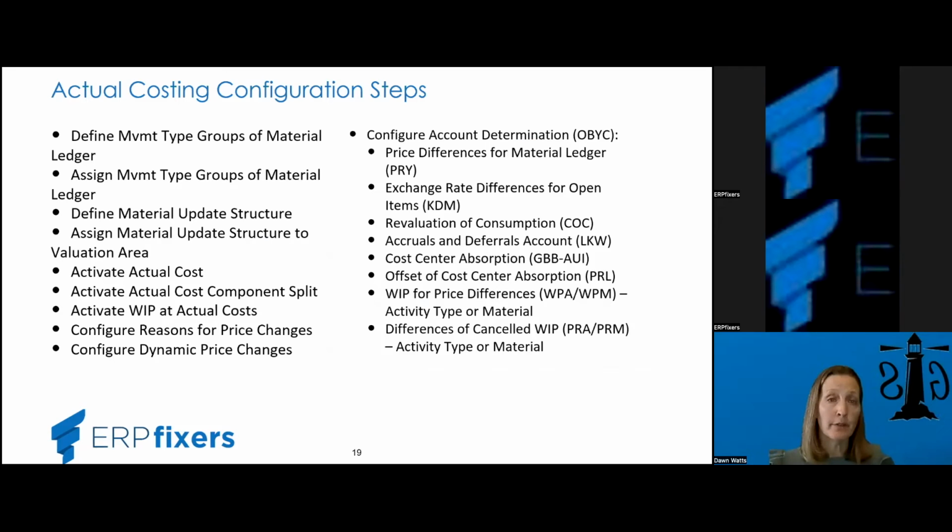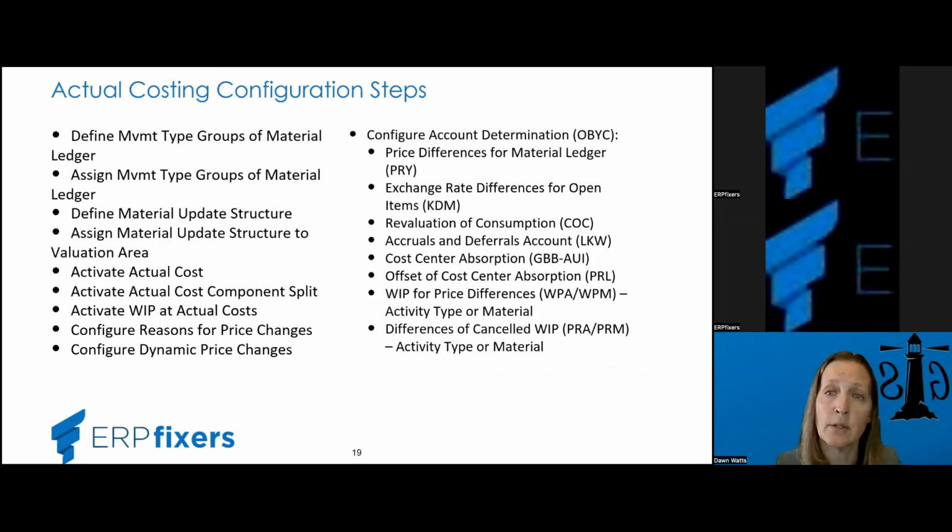So here's an overview of the steps to do and set up actual costing configuration within SAP. On the left are the main core configuration areas. And then on the right is all the account determination that needs to be set up in order to enable actual costing.